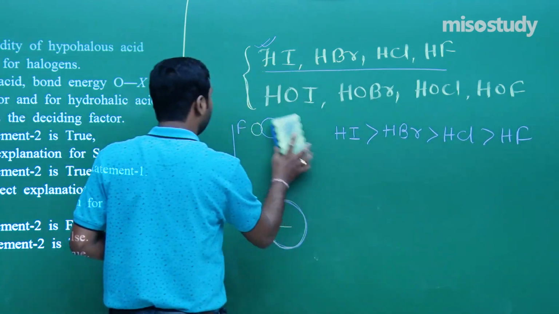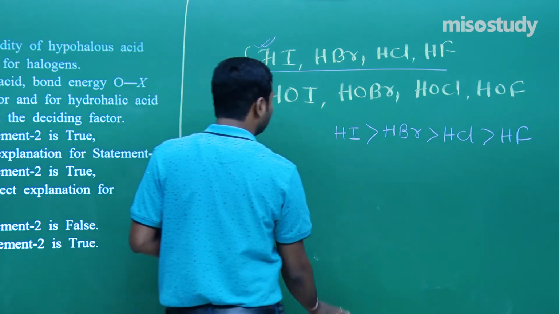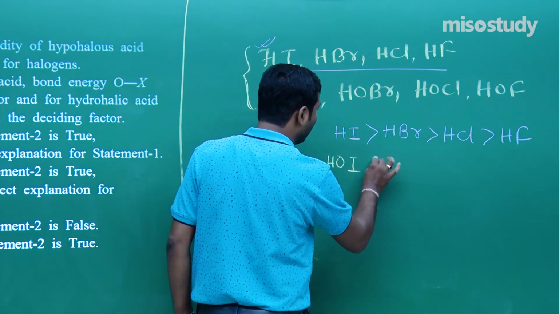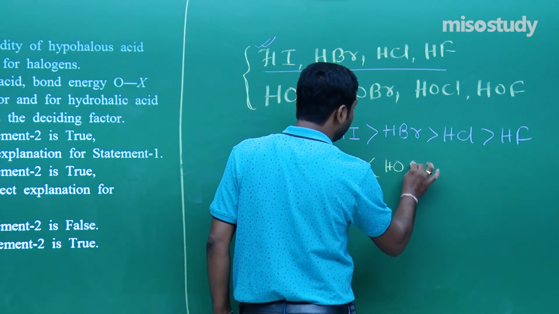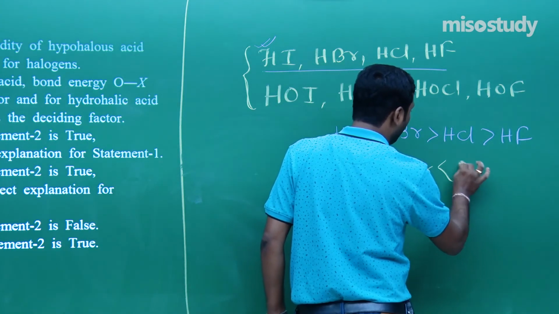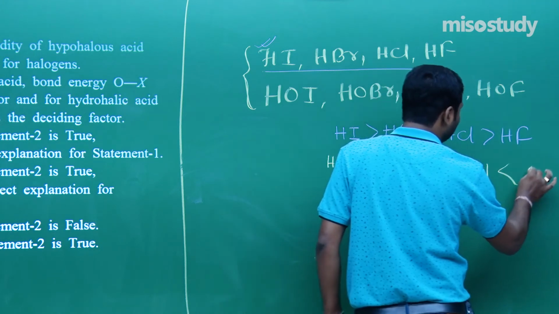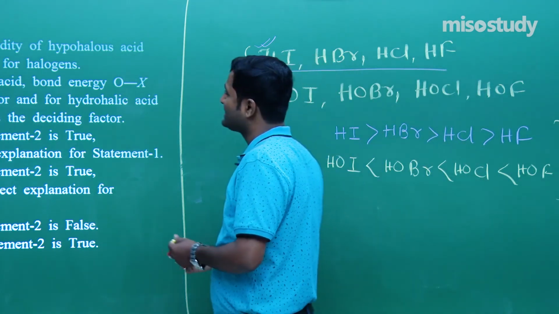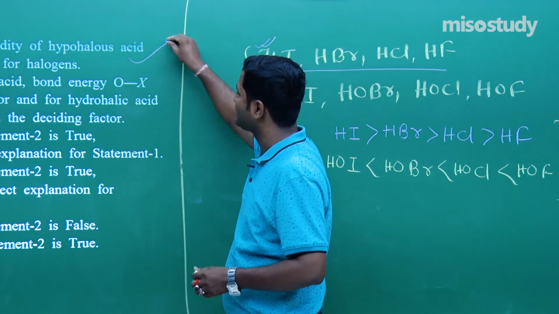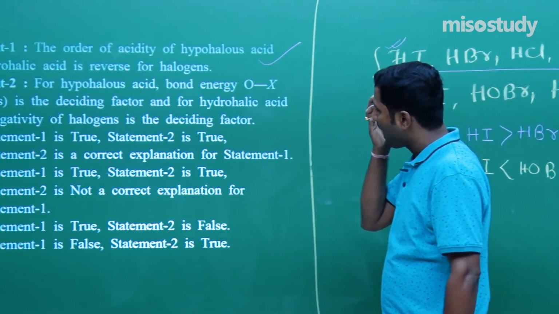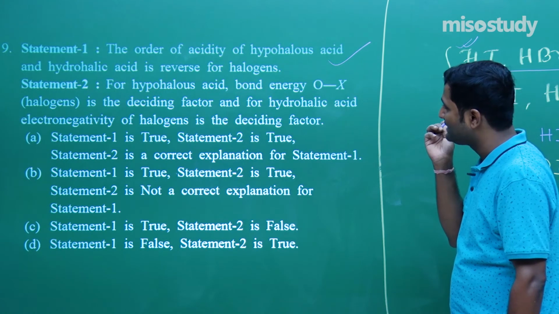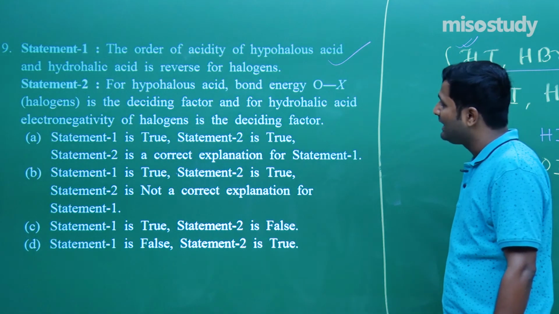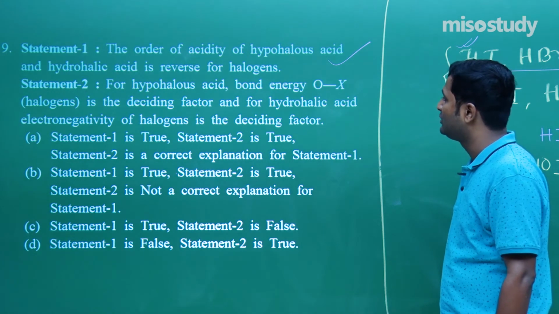Now, if I talk about hypohalous acids, here it is the reverse order: HOI, then HOBr, then HOCl, then HOF. So the first statement is completely correct. Statement 1 is correct. Now the explanation: for hypohalous acid, bond energy is the deciding factor, and for hydrohalic acid, electronegativity of the halogen is the deciding factor.